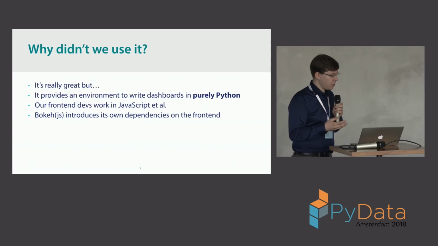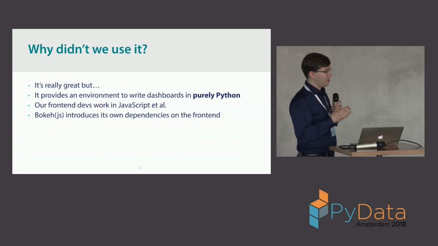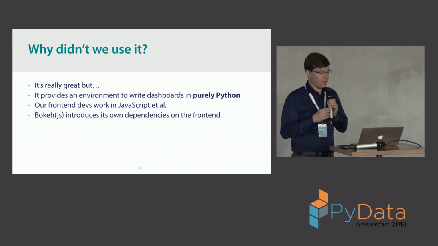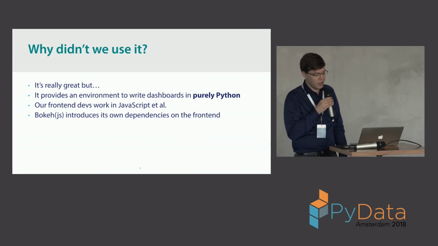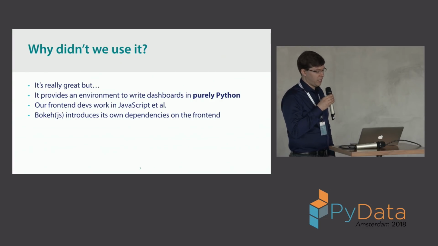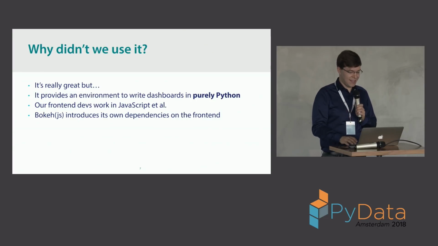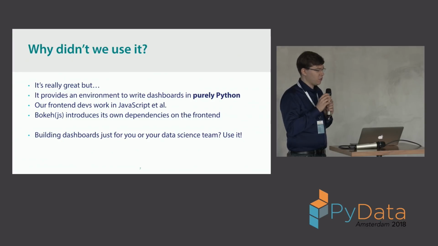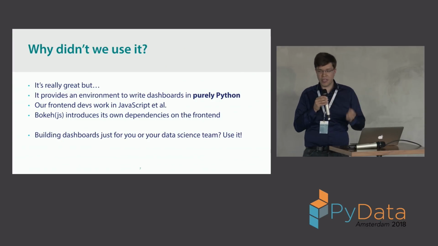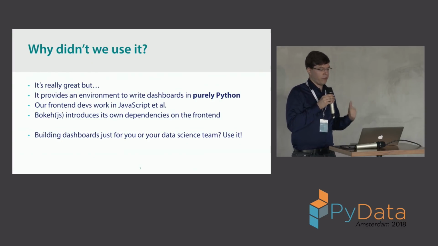Also, say your front-end developers are happy to work in Python, you still have the problem that Bokeh, the front-end library, introduces its own set of JavaScript requirements. These are not as sandboxed as the front-end developers would like, which makes them a bit angry. But still, if you don't care about a front-end UI and you just want to write a dashboard for your data science team, you're probably really well off using Bokeh Server.